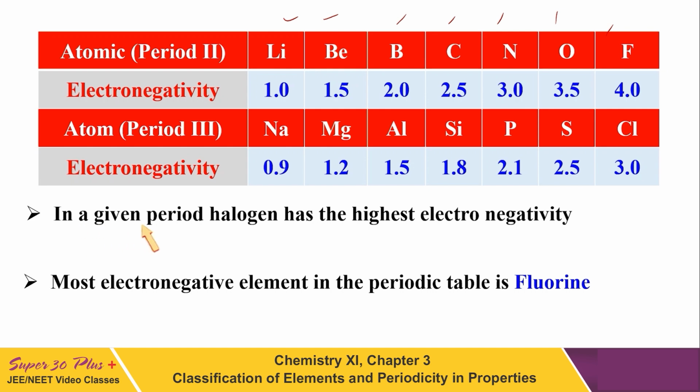So in the given period, halogen has the highest electronegativity, and like I told you, the most electronegative element in the entire periodic table is fluorine, which is 4.0 for Pauling scale.